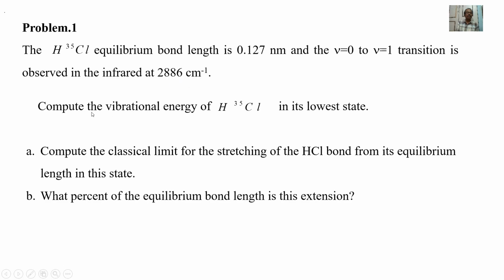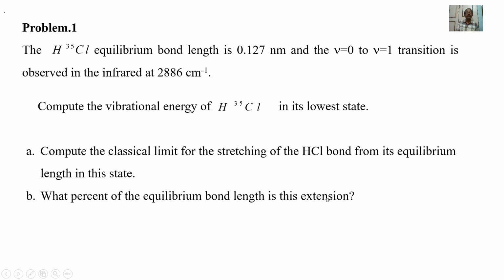So we are going to compute the vibration energy of HCl in its lowest state, that is nu equals 0. Compute the classical limit for the stretching of the HCl bond from its equilibrium length in this state. What percentage of the equilibrium bond length is this extension?